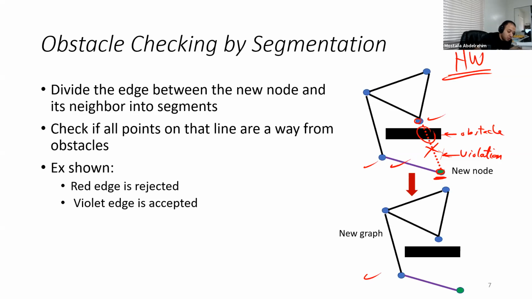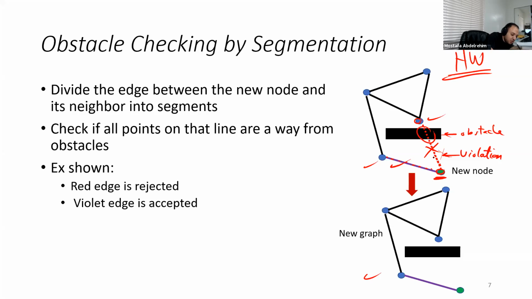Basically, what we are doing is that we divide this edge here into nodes, something like this, and we check each one of these nodes.